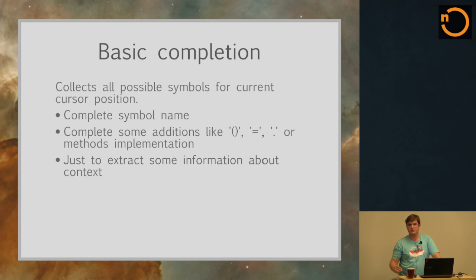So if the position is for expressions, it collects all expression symbols like values, objects, and definitions. And if the position is a type, then it collects all type symbols and also singleton symbols like objects and values. For singleton symbols, it inserts a dot automatically, so you don't need to care about such things like dot or parentheses when you complete a method.